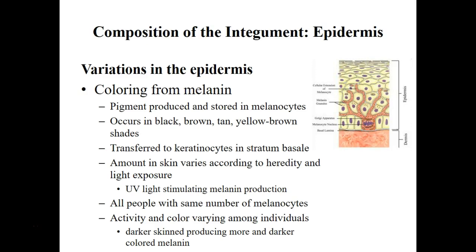And the amount of melanin is going to change the color. So this is what produces all the different colors that we see in individuals, from very dark color, black, to very pale colors, like beige or tan.